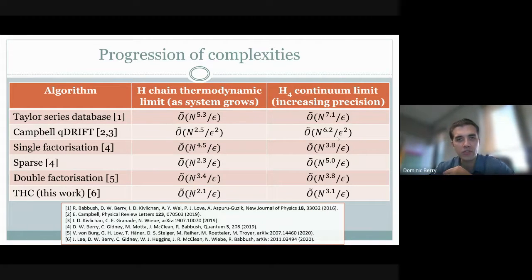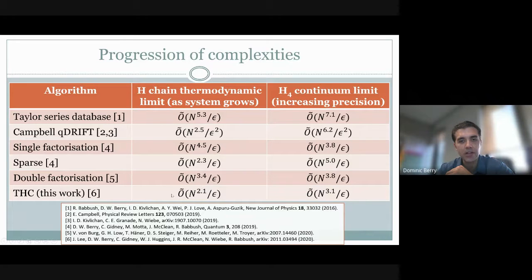For cases of interest, n is going to be on the order of 100 to 200, which isn't enormous, but still, if you have complexities which scale more than n to the 5, then that's going to give you a very difficult algorithm to implement. The one up the top here is one that we developed in a paper in 2016, and there's a whole sequence of improvements.